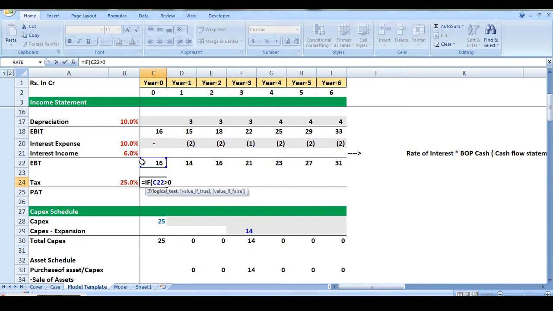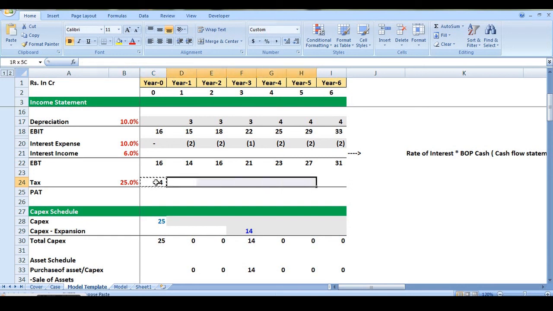There is no tax on negative EBT. If EBT is above 0, my tax should be EBT multiplied by tax rate, and I freeze the tax rate, and if not, it should give me 0, and it has given me the appropriate answer.